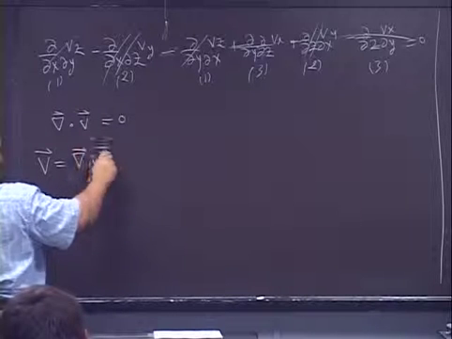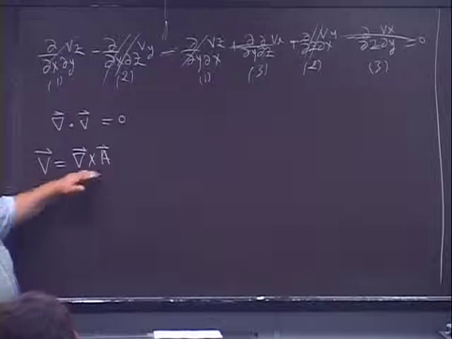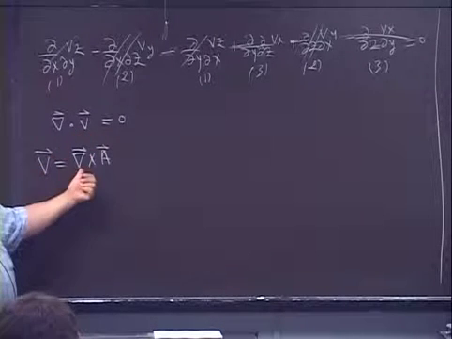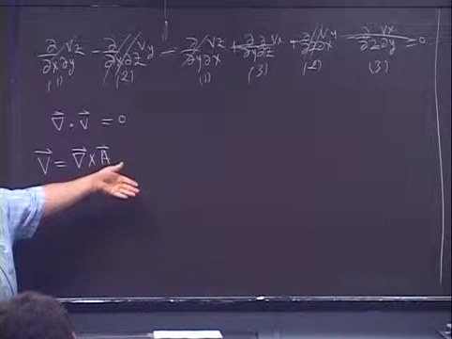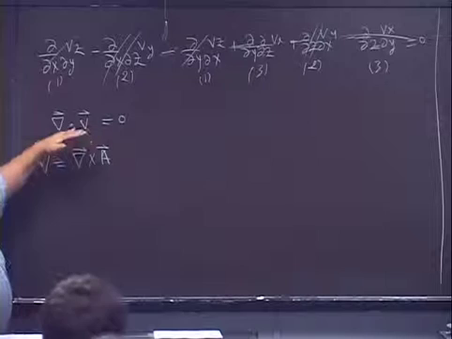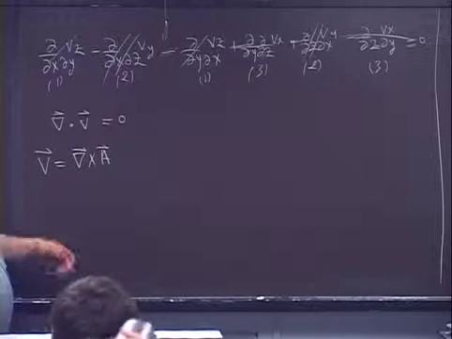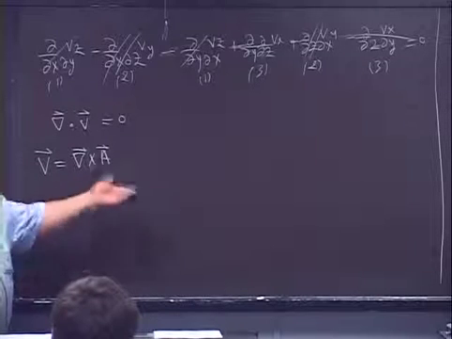Curl of another vector function called A. Why? Because if I substitute v here with curl of A, divergence of a curl of A equals what? 0. So if you have a divergence of a vector function equal to 0, you can represent this vector function as a curl of another vector function.